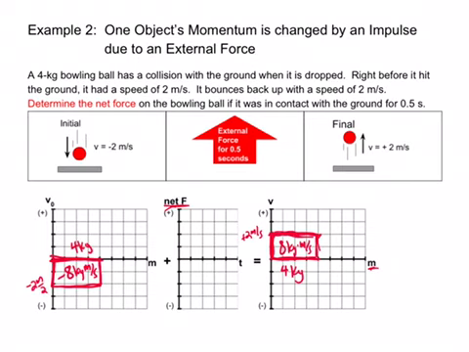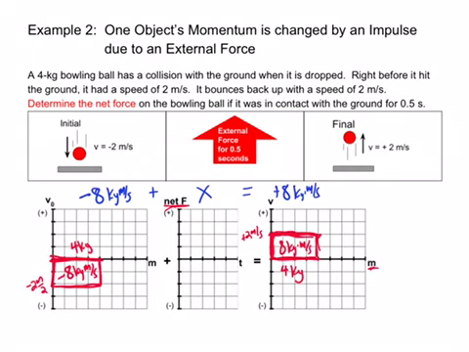To figure that out, I suggest you write out an equation above, like what we did before: negative 8, plus something, gives us positive 8.